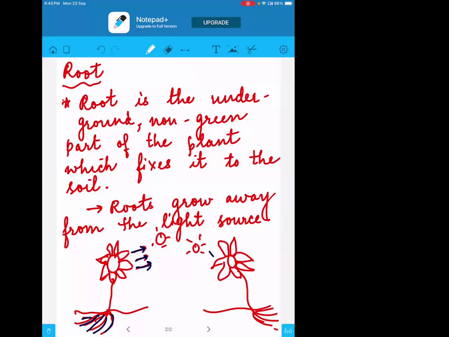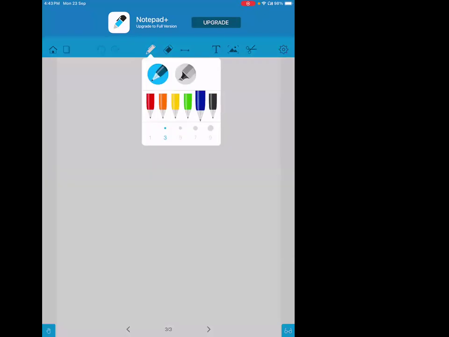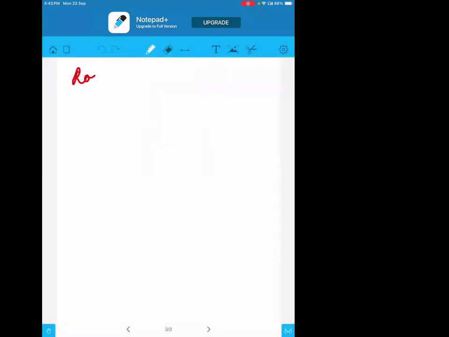Since the sun is here, the upper part will start moving towards it and roots will go away from the light. So that is why we say that the roots are negatively phototropic.